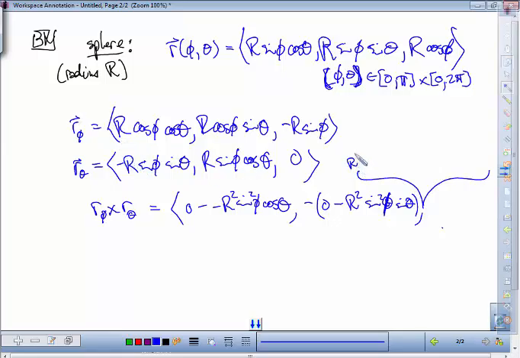We got R squared sine phi cosine phi cosine squared theta. So that's the first one. And then negative and a negative is a positive. We get R squared sine phi cosine phi sine squared theta.